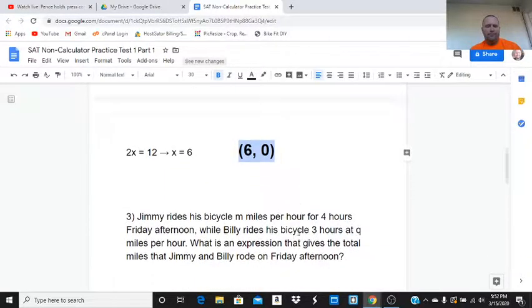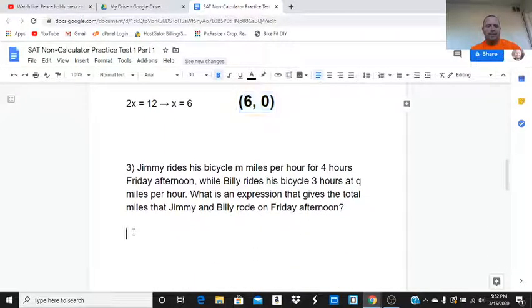All right. Next one. Jimmy rides his bicycle m miles per hour for 4 hours Friday afternoon, while Billy rides his bicycle 3 hours at q miles per hour. What is an expression that gives the total miles that Jimmy and Billy rode on Friday afternoon?